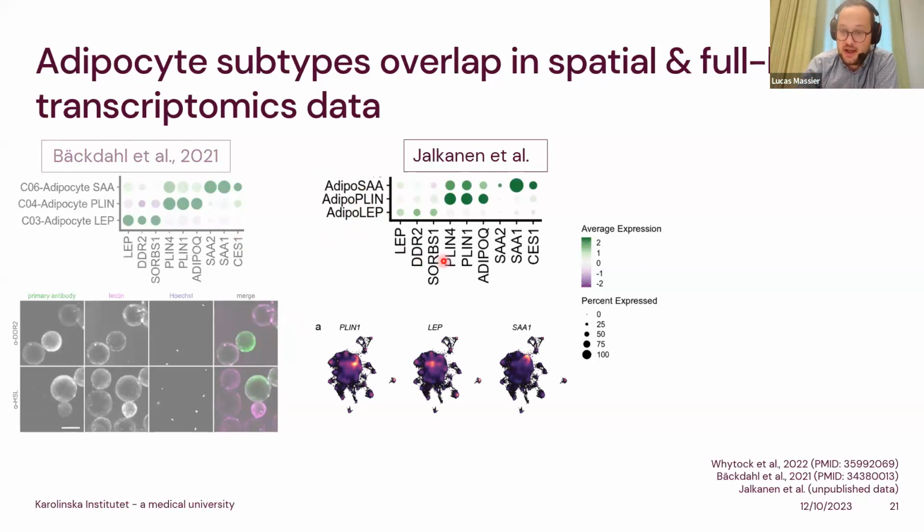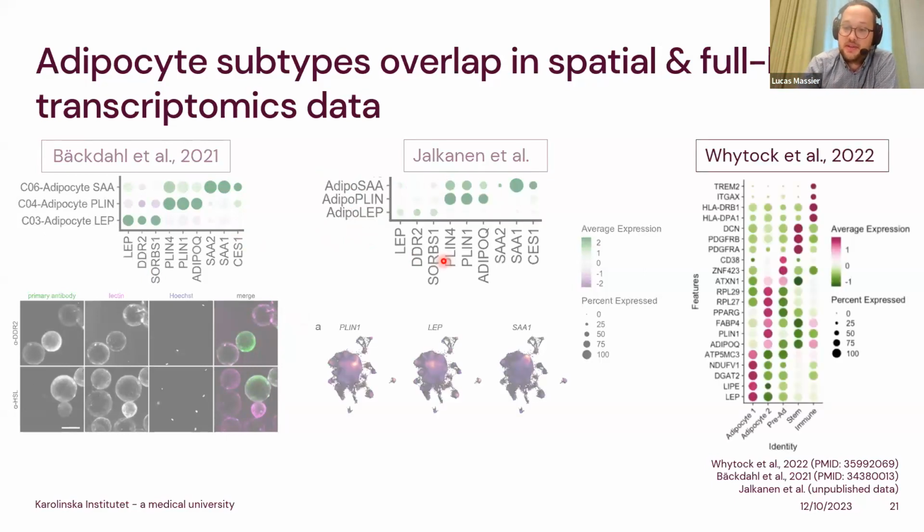subtypes. And also in a recent publication by Wittek et al., they did full-length transcriptomics, single-cell full-length transcriptomics, on adipose tissue. And if we take a look at the adipocyte subpopulations specifically, we see that they also can recapture a leptin-enriched subtype and a plin-enriched subtype.